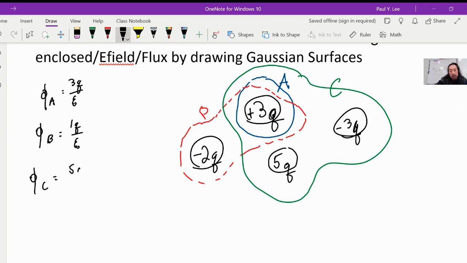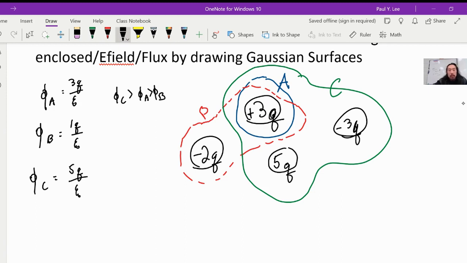So the E field that is produced has a magnitude of 5. So if we were to compare A, B, and C, we would rank the E fields that are produced as C is the greatest, followed by A, followed by B.